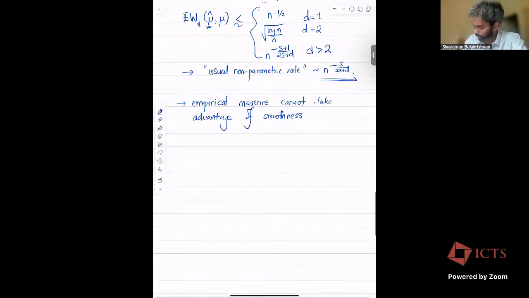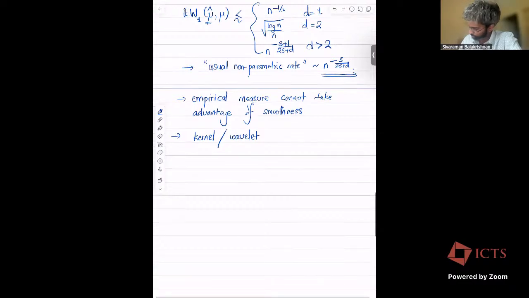And instead, one has to use something like a kernel or wavelet estimator. So that is, you have to smooth the empirical measure appropriately, and then that would be a better estimator of the underlying distribution in the Wasserstein sense.